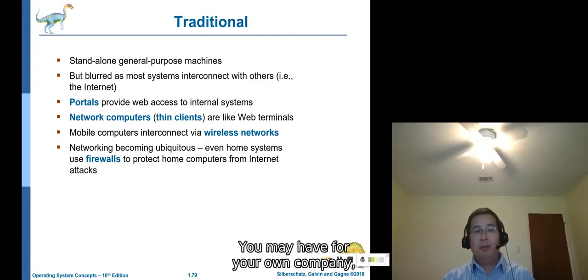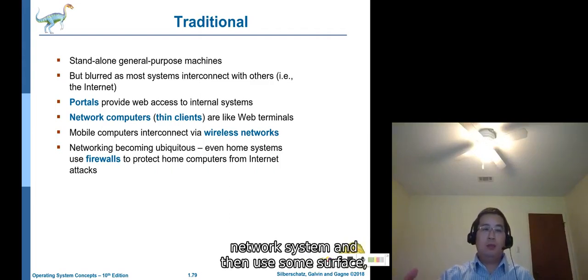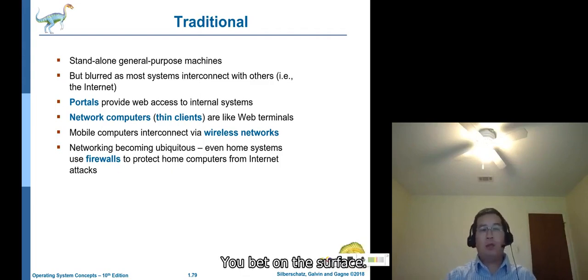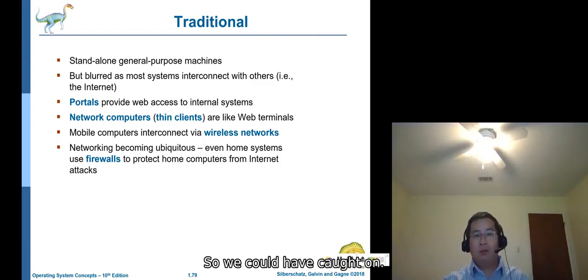So you may have your own company network system and use some servers as the portals. If you want to get some service from outside, you go through the servers. So we call it a portal.